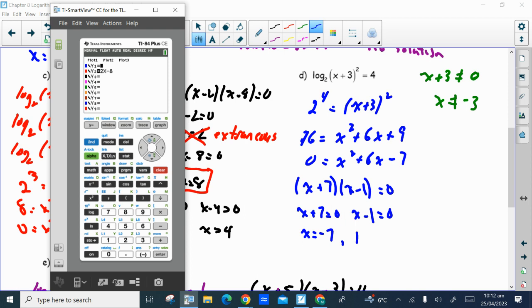When you put it in the calculator like this, which I'll do now, log base 2 of x plus 3, all squared, the calculator thinks that all of it is squared. The log base 2 is also squared as well as the x plus 3, which is not what this is saying. This is saying only the x plus 3 is squared.